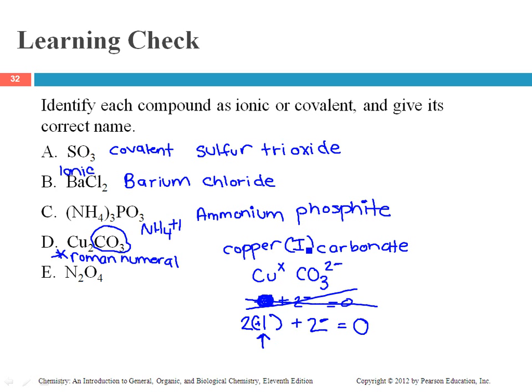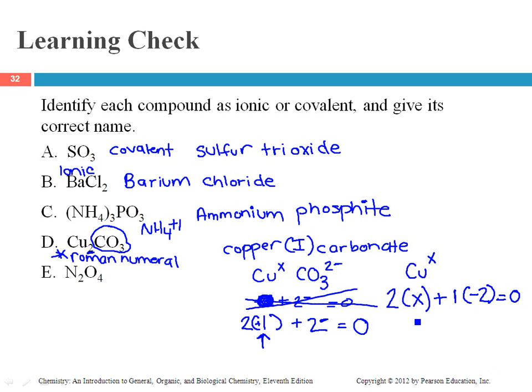So just to show this again, we have copper and we have carbonate. We have to use a Roman numeral. So it is going to be copper(I). But how we find this is we've got copper, but we have 2. So if we look at our formula, we've got 2 copper atoms. So we want to find what our charge is. And we have only 1 carbonate with a -2 charge.